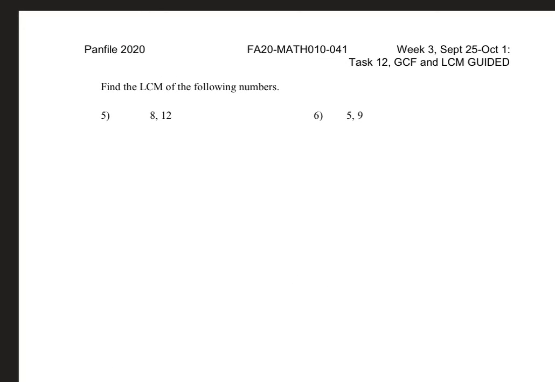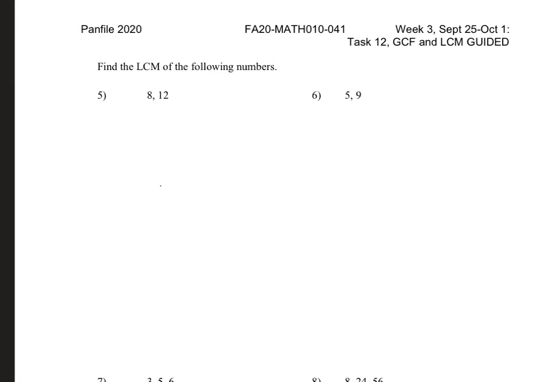All right, my LCM. My LCM stands for least common multiple.